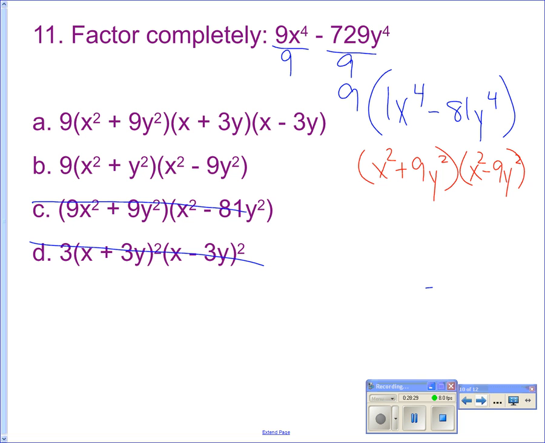If you look, neither of your answer choices quite match. This one is a ridiculous problem because it splits even further. Now this one doesn't split. Anybody know why? Because it has a plus. Good. So this one splits. It's another difference of squares. How does x squared split? How does 9 split? And y squared is y and y. So the answer is A.